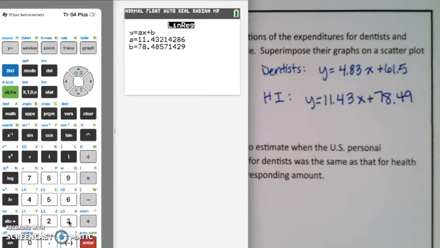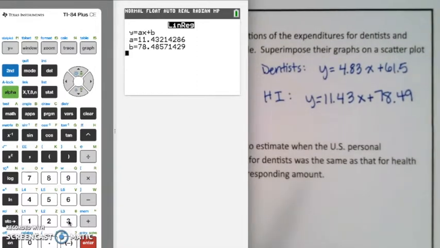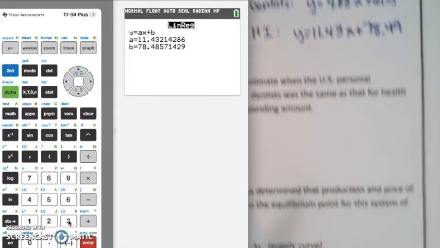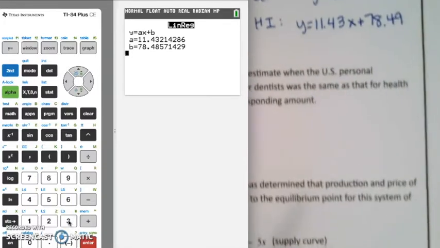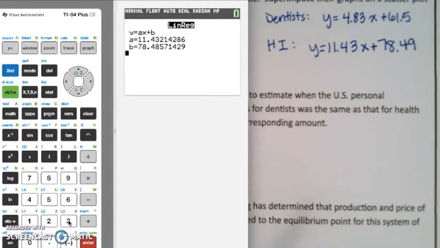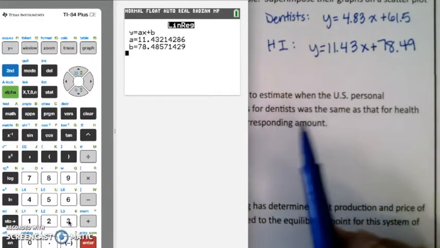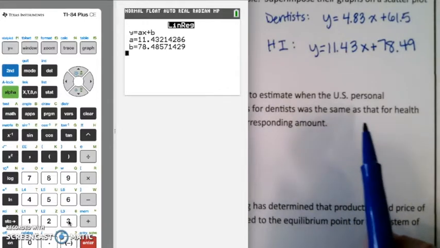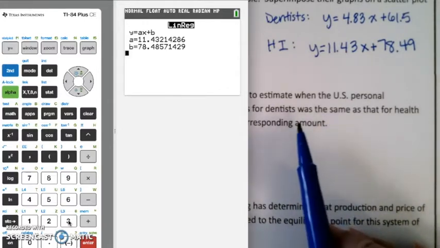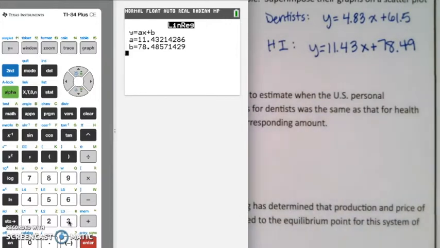Okay. Part B on the notes pages says to, let's see, I'll keep those equations in frame. Says to use the models from part A to estimate when they'll be the same, so when the expenditures for dentists will be the same as health insurance.